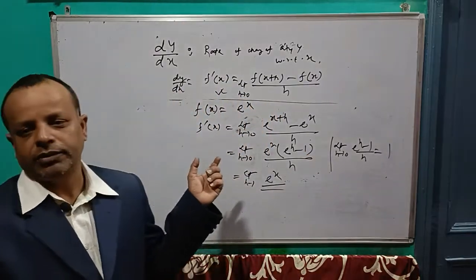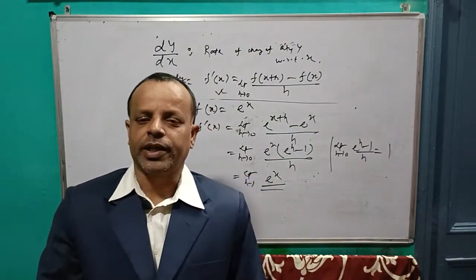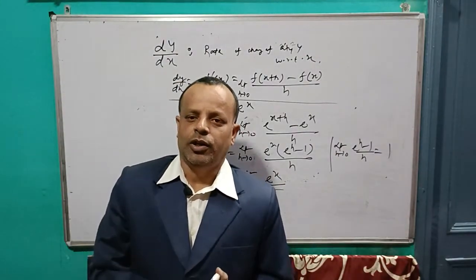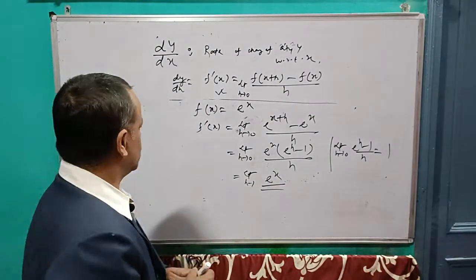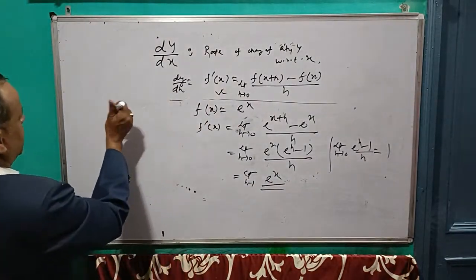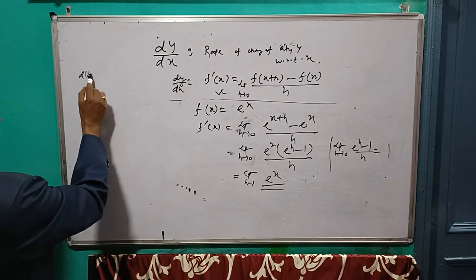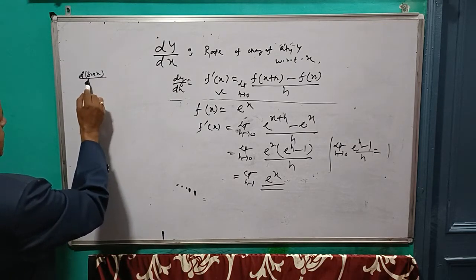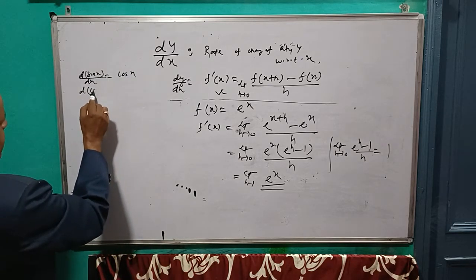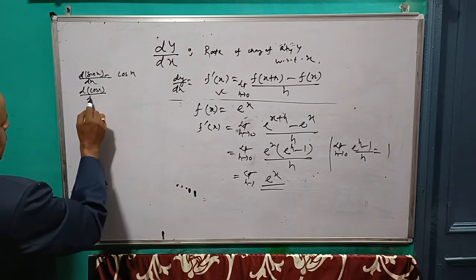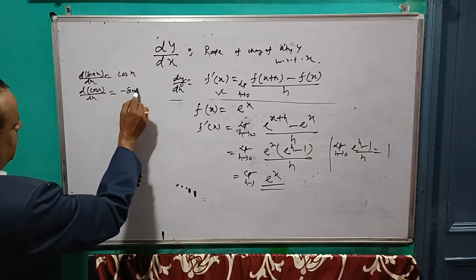So what we have done is calculated the rate of change of y with respect to x. To summarize what we have got: the derivative of sin x is cos x. The derivative of cos x is minus sin x.